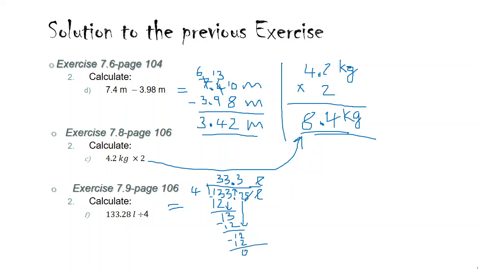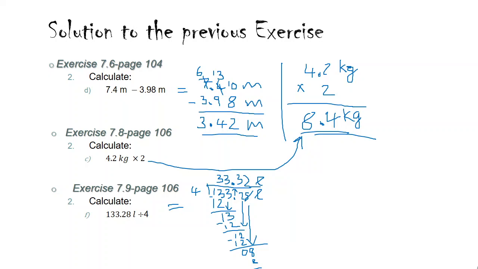Then you bring down the 8, and we have 8 now. 4 goes into 8 2 times. 2 times 4 is 8. Then you subtract and you get a 0. That means your answer is 33.32 liters.